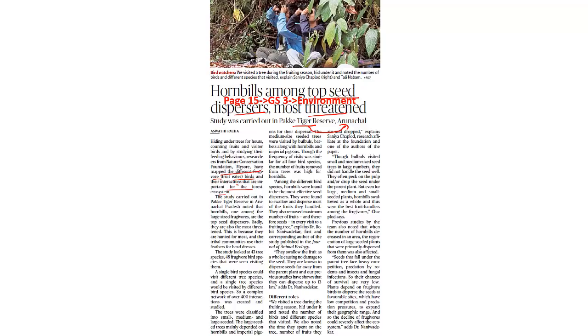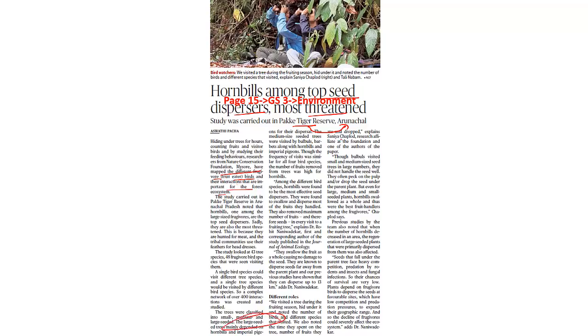One is a small seeded tree, the other one is a medium seeded tree, as well as the large seeded tree. The large seeded trees were mainly dependent on hornbills as well as imperial pigeons for their dispersal. What do we mean by it? The bird comes to these large seeded trees and disperses this particular fruit in and around that particular area.